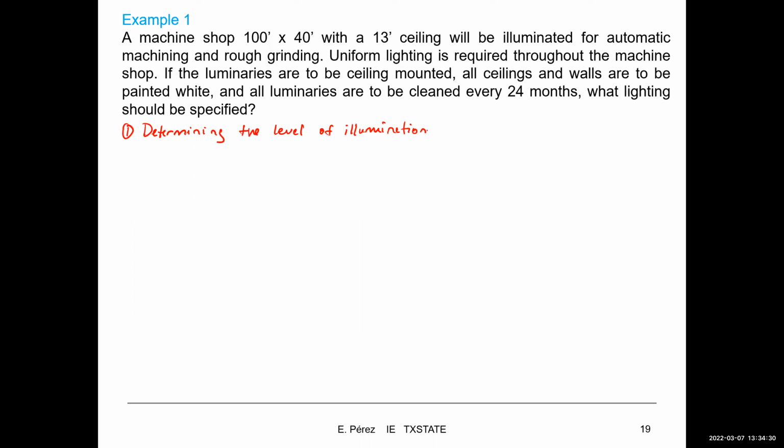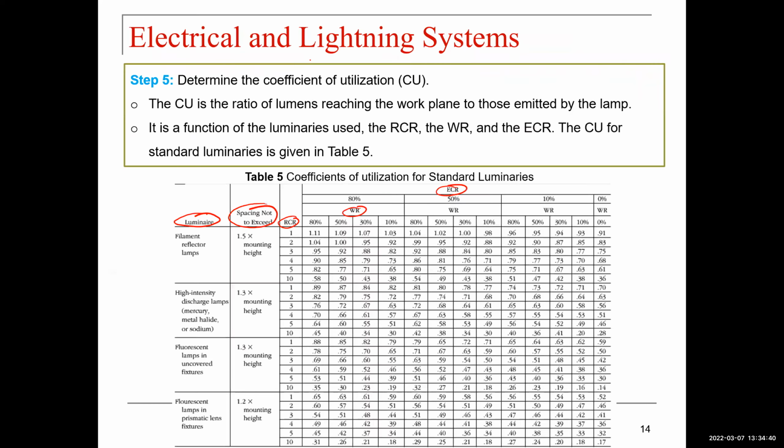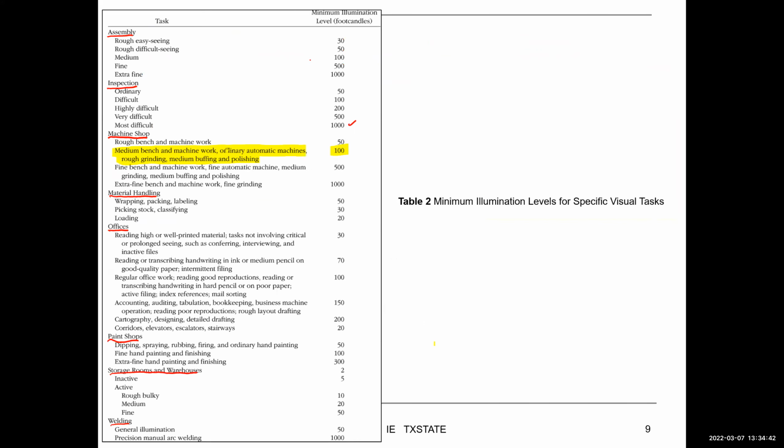So here we have an automatic machining and rough grinding. So we go to table 1. That's why I highlighted this one. So for the example, this is the setting, and this is the minimum we need, 100.